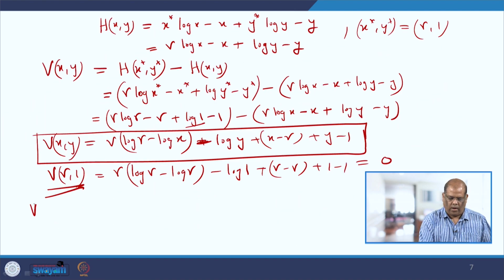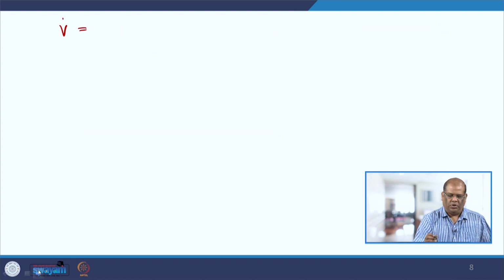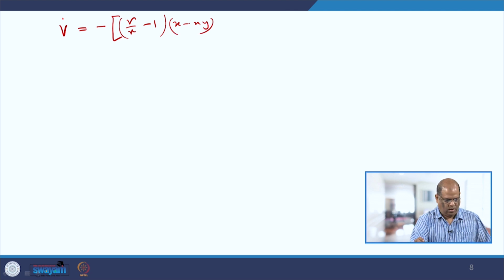If you want to calculate this V dot, the formula is del V del x into x dot plus del V del y into y dot. So, if I substitute it, I will get gamma by x minus 1 into x minus xy plus 1 by y minus 1 minus gamma y plus xy.